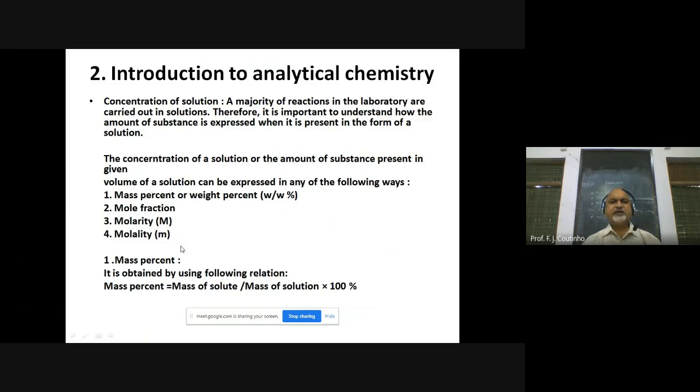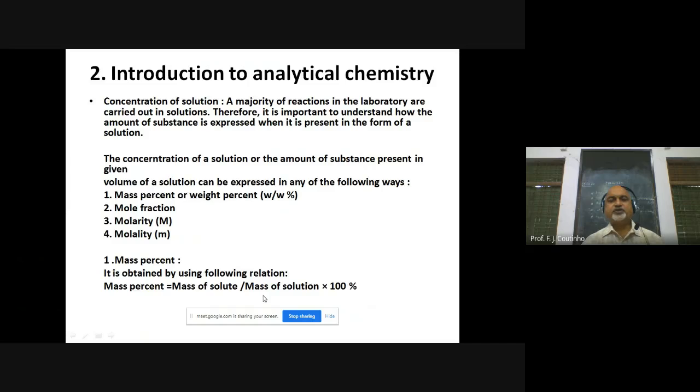So let us see what mass percentage is. It is obtained using the following relation: mass percentage is equal to mass of the solute upon mass of the solution. If I say 1 kg of salt, the mass of the solute is 1 kilogram, and the solution is, say, 1 liter.